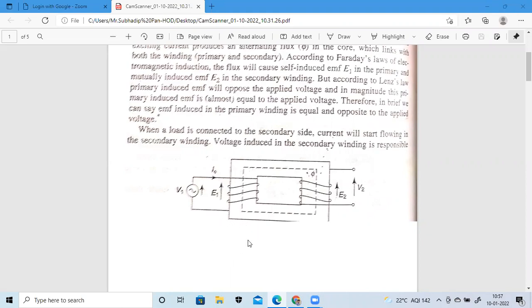Put this phi value in the electromagnetic equation and write the RMS value of the EMF induced, E1.